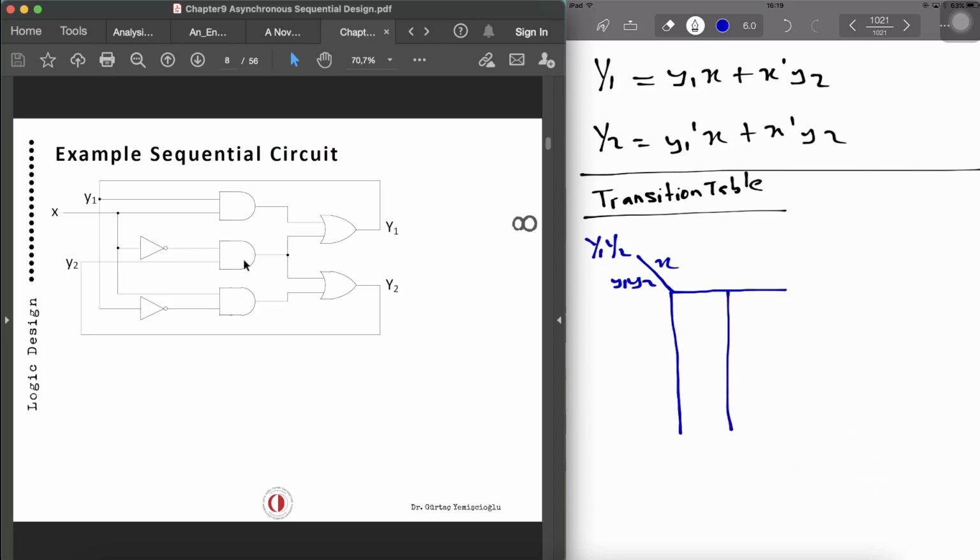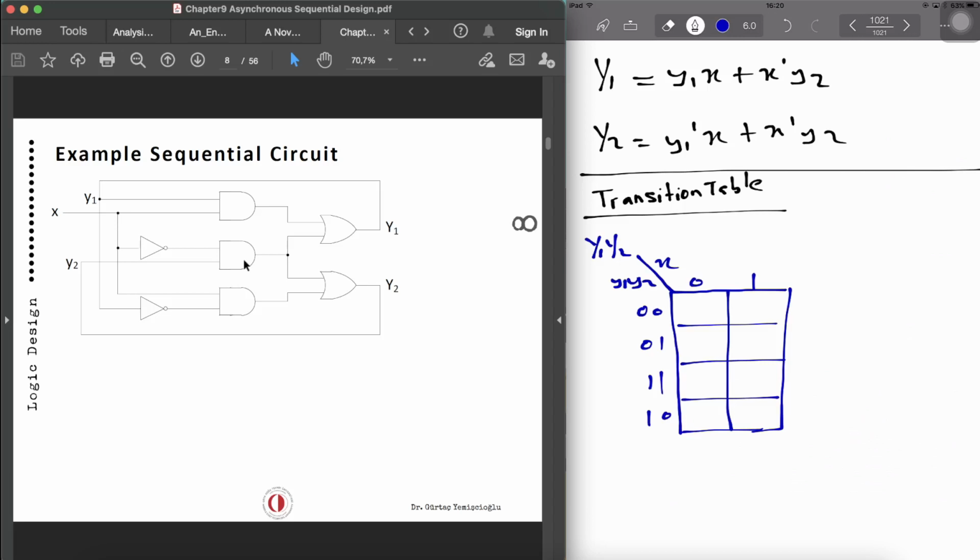This part is similar to a K-map. So x is 0, x is 1, and we have four possibilities like the gray code: 0 0, 0 1, 1 1, 1 0. So that's our transition table.